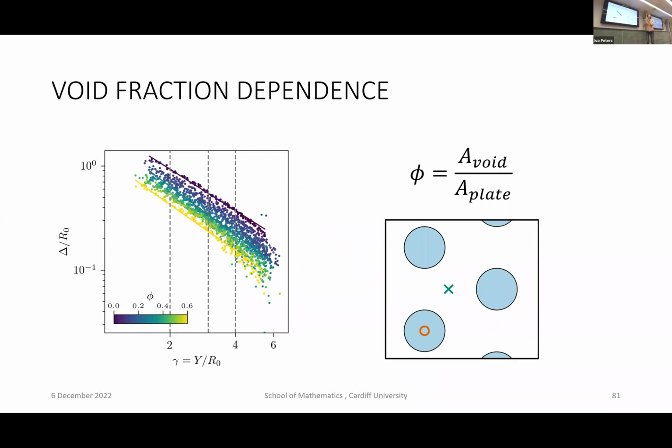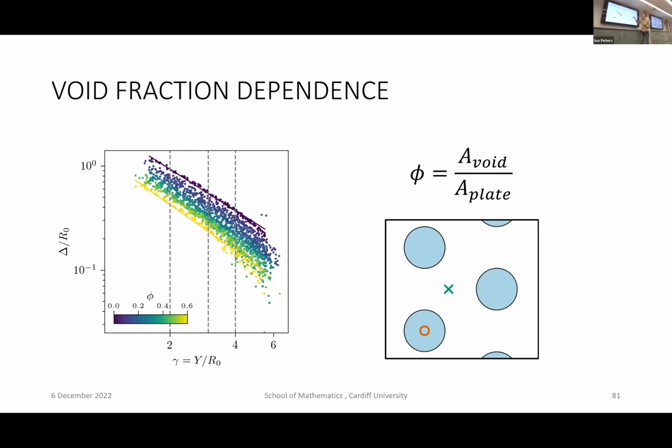So we said, okay, we're going to look only at cases where it doesn't matter where our bubble sits with respect to the holes. And we're just going to investigate the influence of the void fraction. So this top line here is just a solid plate without holes. And if we move to the bottom, this becomes more and more porous.